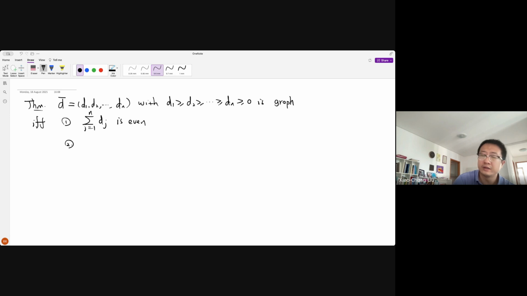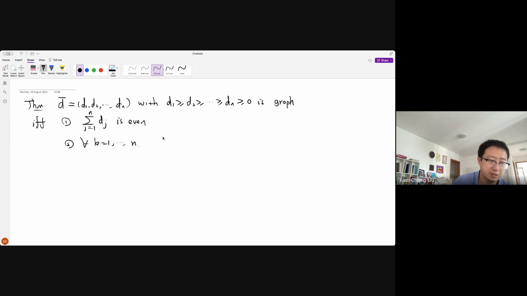and there is an inequality for all k from 1 to, I think I should put n minus 1, okay? Because probably the case of n is simple.